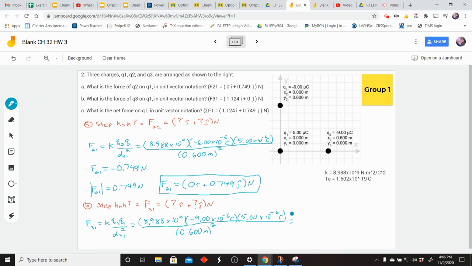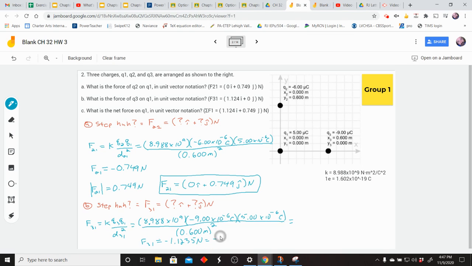You end up with 8.988 EE9 times minus 9 EE minus 6 times 5 EE minus 6 divided by 0.600 squared. And we're going to get, let me write it down here, F sub 3 on 1 is equal to minus 1.1235 newtons is what I've got.